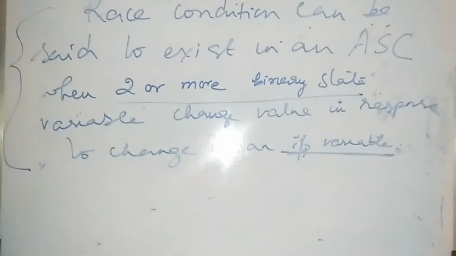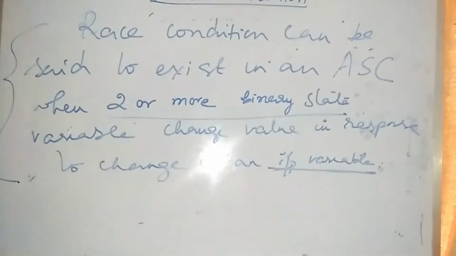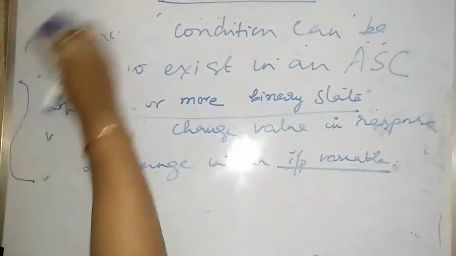In the race condition there are two types. You should know about the non-critical race and the critical race. Let me tell you all about the non-critical race. What exactly is the non-critical race?